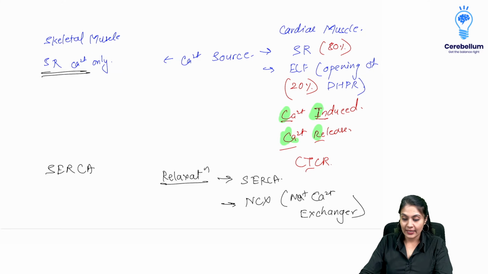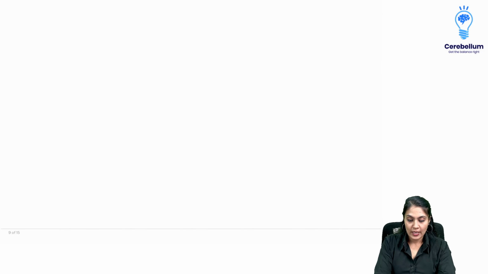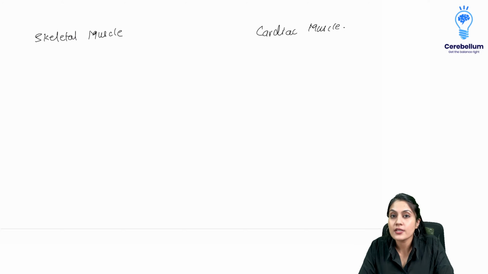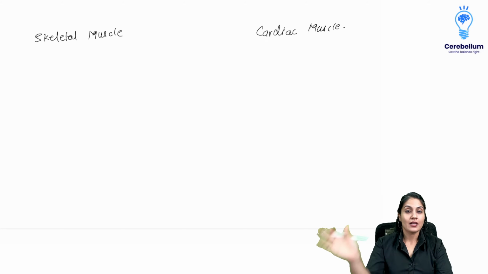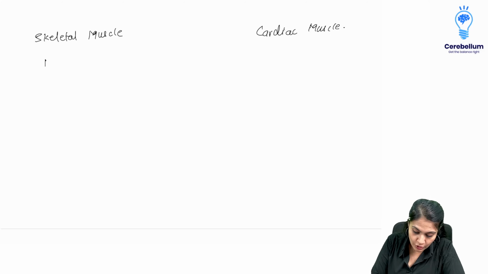Now understand that there are some structural changes also. First things first, in the skeletal muscle and in the cardiac muscle, what are the changes in the sarcolemma and other channels? Please remember, there is going to be a triad present in the skeletal muscle.